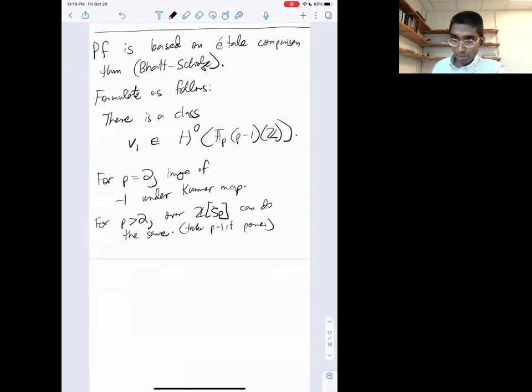And so then there's the following version of the etale comparison theorem in terms of this class v1.